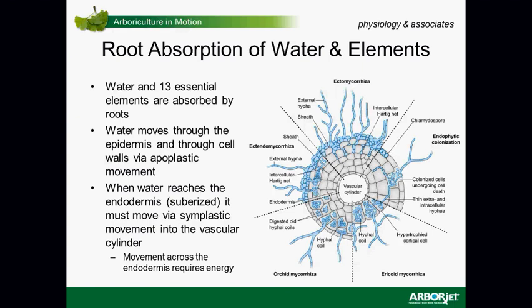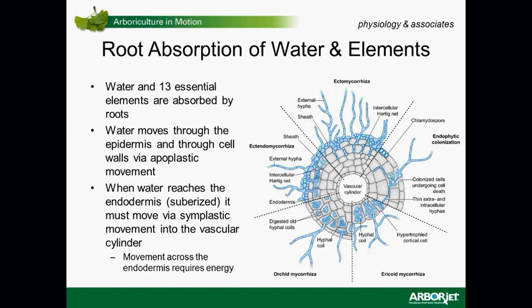So water and 13 essential elements are absorbed by roots. Water moves through the epidermis via apoplastic movement, that's passive movement, but across the endodermis, which is suberized, which means that it's corky, energy is required to get it into the vascular cylinder.